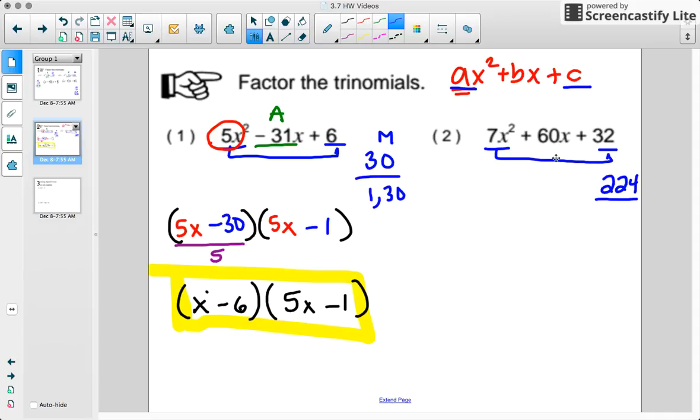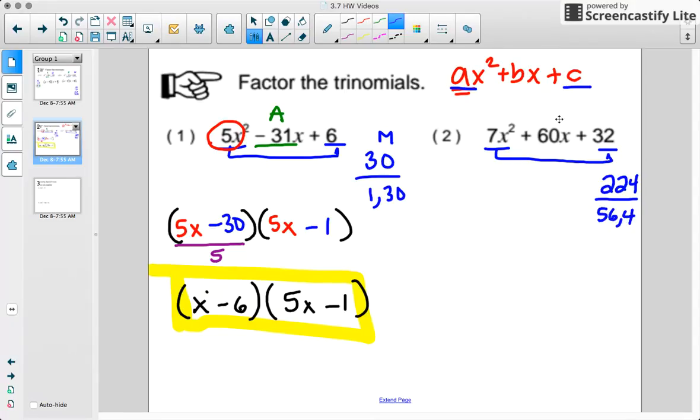So I'm just going to start messing around with this, maybe divide it by different numbers. And I think it's going to be 56 times 4. Okay, it's going to be 56 times 4.